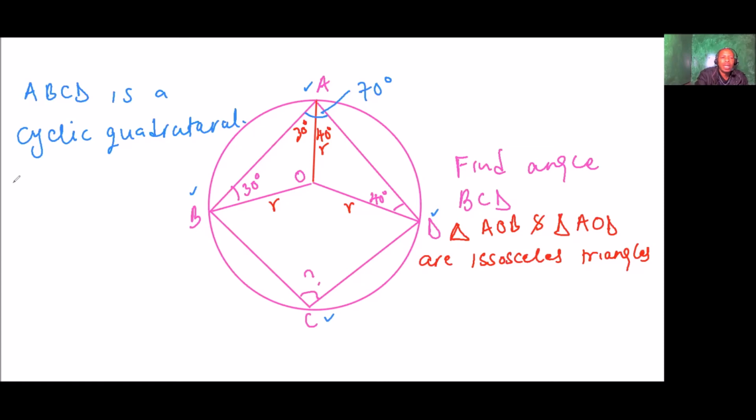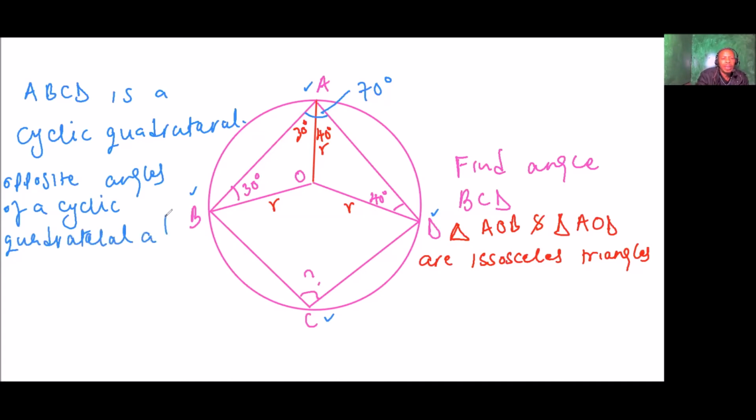Then we have a property that opposite angles of a cyclic quadrilateral add up to 180 degrees.